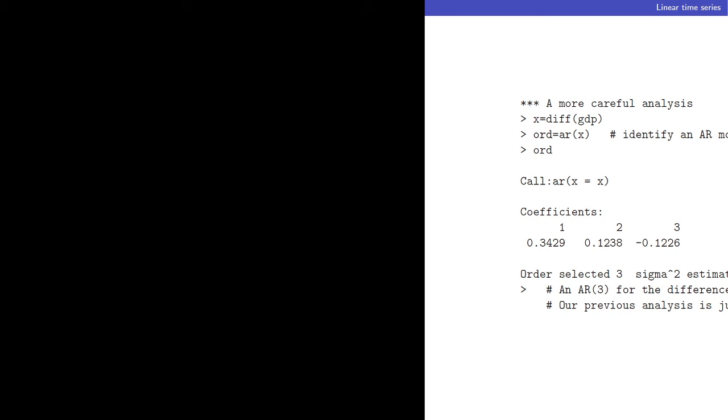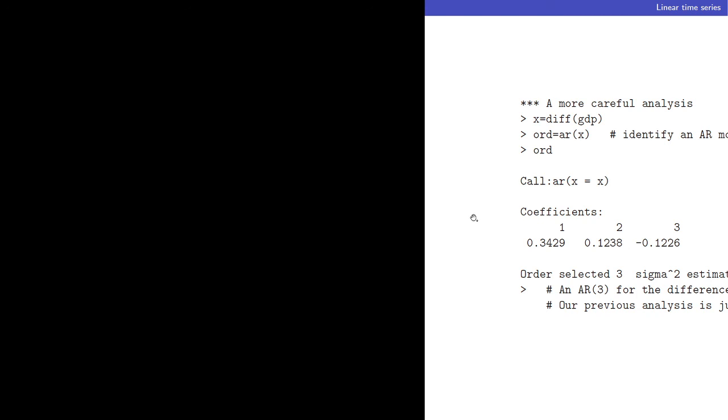So for more careful analysis, we're going to build this series with the differences on data. We will try to identify an AR model for the series. It's done with this AR command, and so it gives us 3 coefficients.